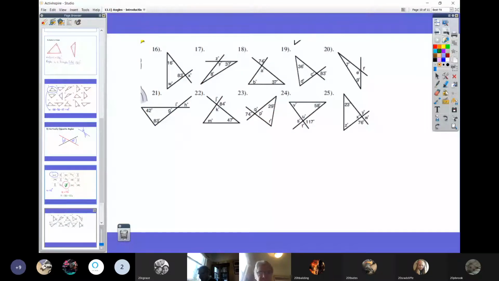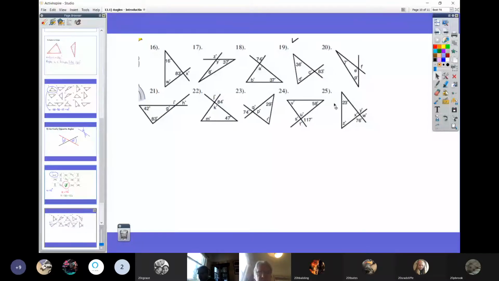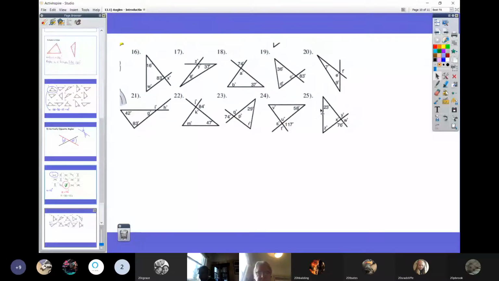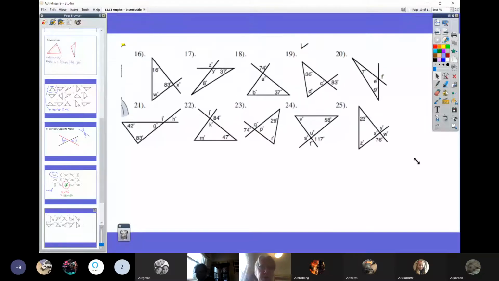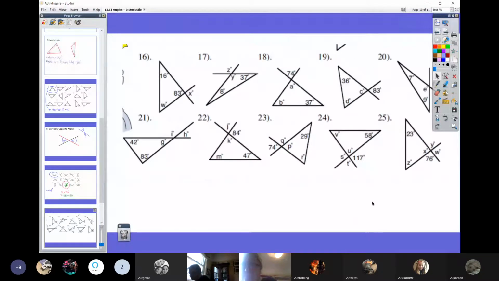And again, we've got various bits going on here. Let me just make this a little bit bigger for you. So question 16. How would you work out W? Well, W you're going to work out because angles in a triangle add up to 180. So W would be 180, take away 16, take away 83.